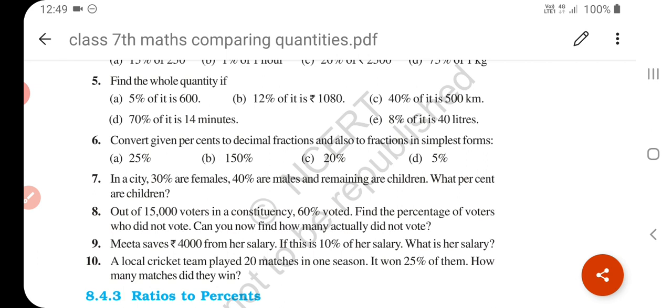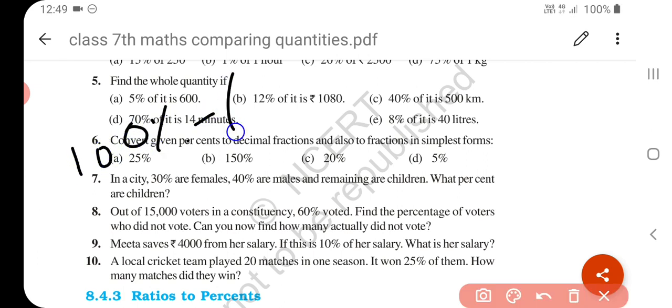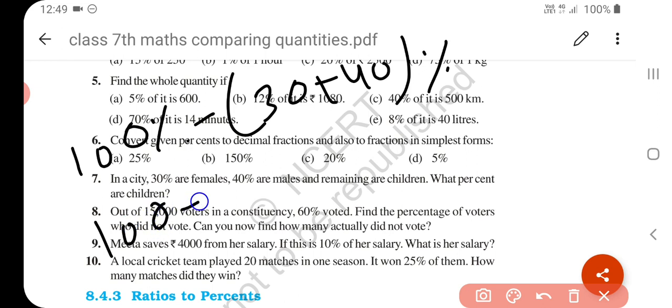So we can take 100 minus 30 plus 40. 30 plus 40 is 70. So 100% minus 70% is 30%.